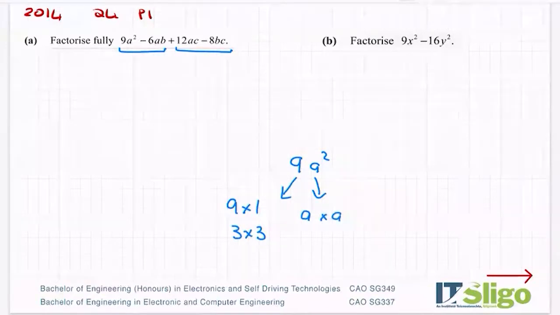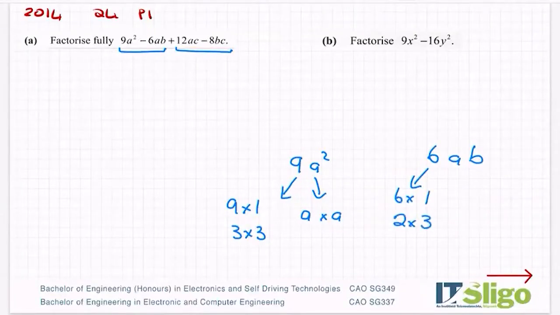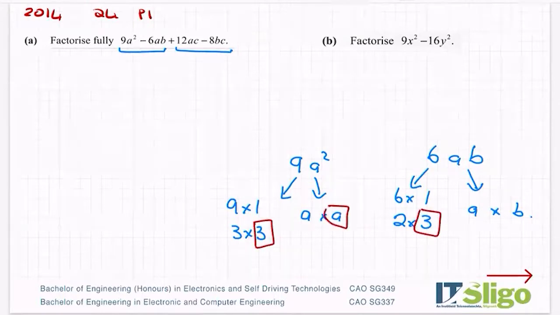Okay, and if I look at the factors of 6ab, well, the factors of 6 are 6 by 1, 2 by 3, and then the factors of AB are quite simply A by B. Okay, so if I look for what's common, because that's what you mean by taking out the highest common factor, the highest number they have in common is the 3 and the A. Okay, so that's what goes on the outside, the 3 and the A.